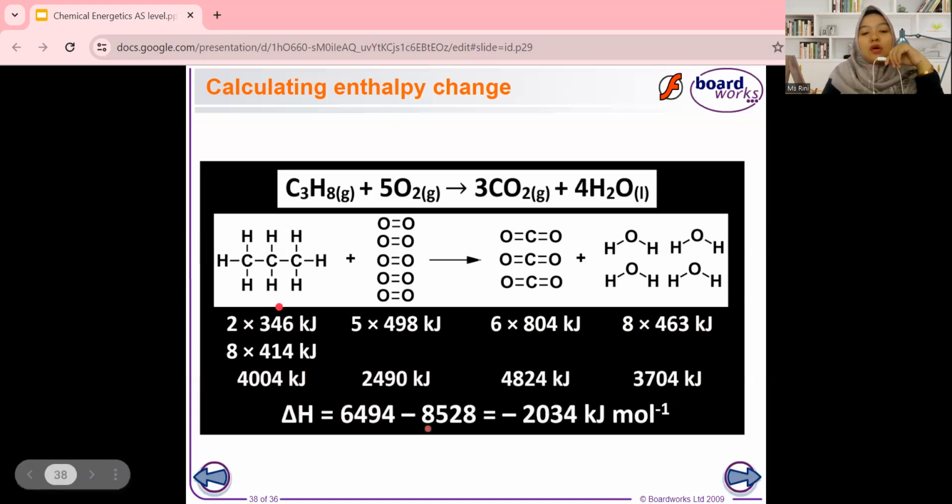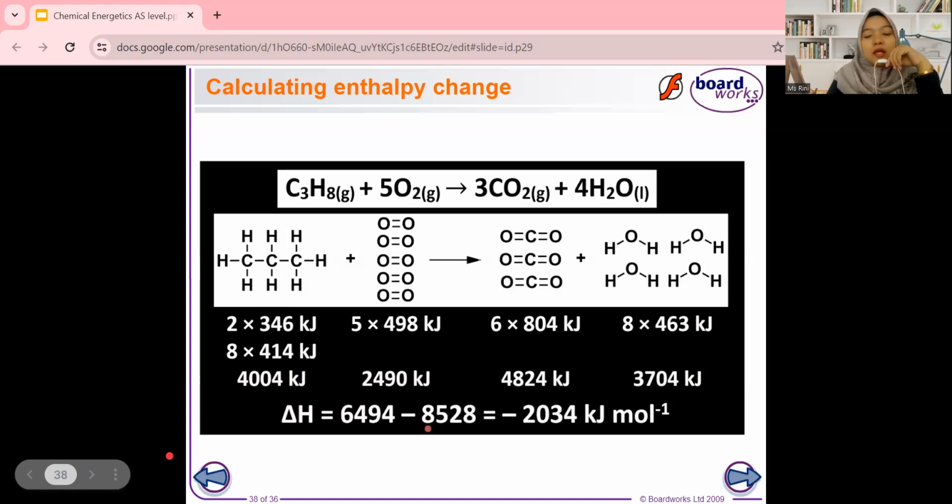And then you need to get the data. Just get the data from the booklet and then substitute it. At the end, you have to count the total of the reactants first, and then also count the total of the products. To calculate the delta H, you use the data of the reactants minus the products. So the final result is minus 2034 kilojoules per mole.